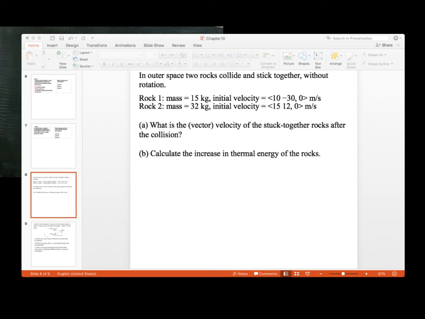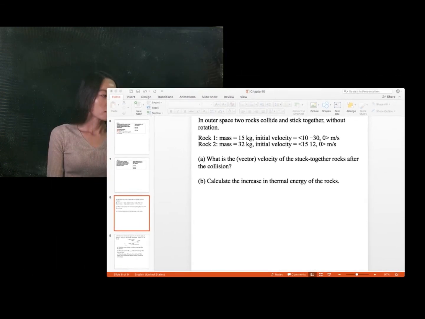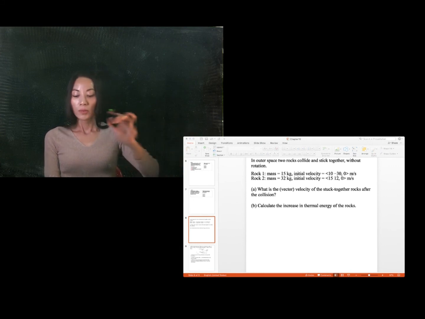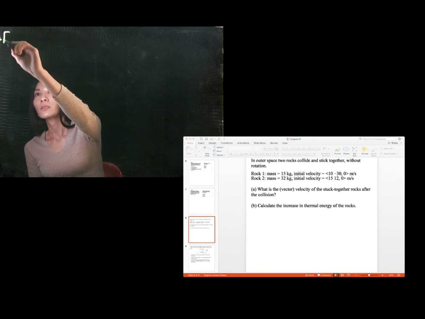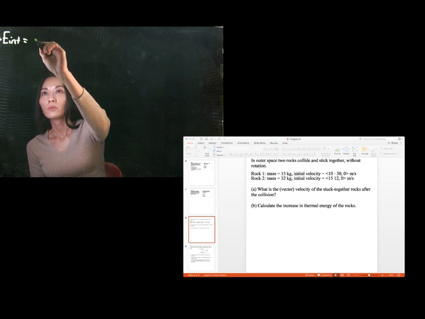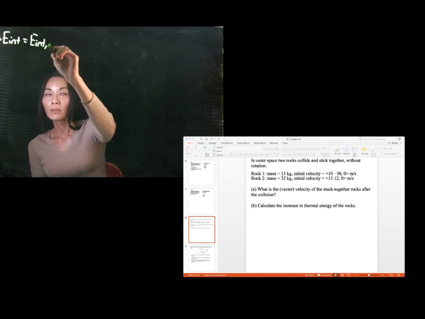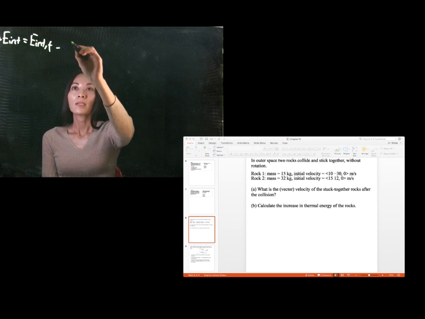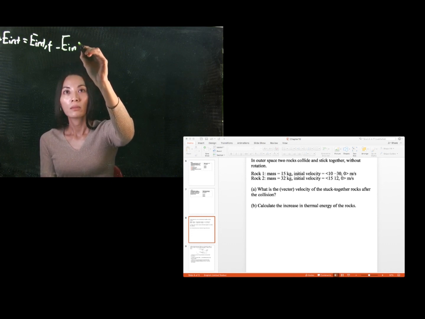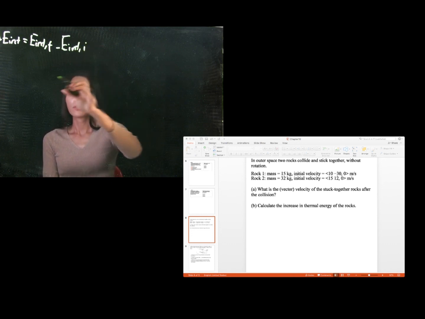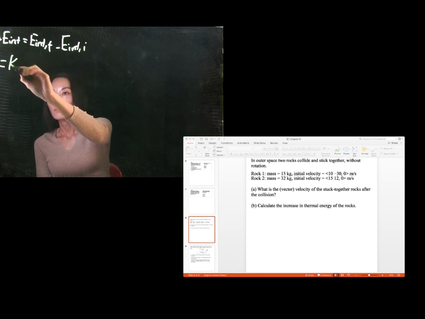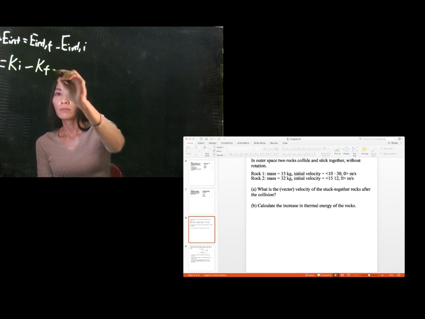So if we continue with the next part of this problem, which is to calculate the increase in thermal energy of the rocks. Since we have identified this to be an inelastic collision, we can write that the change in internal energy is equal to the final internal energy minus the initial internal energy, and that's K initial minus K final.